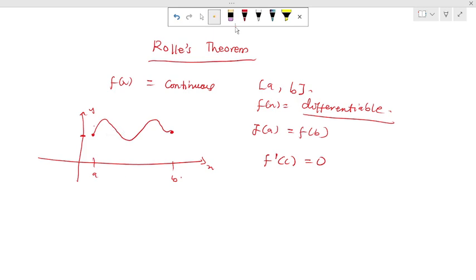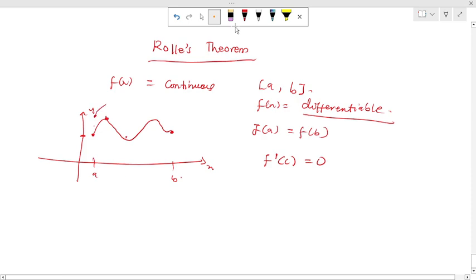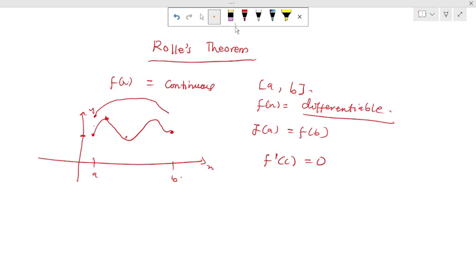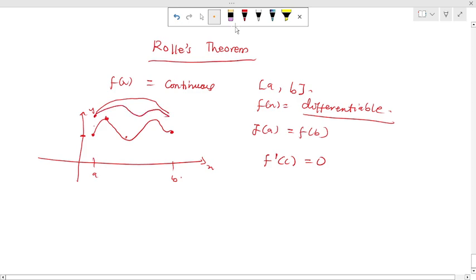So it can be something like this, or something like this. There should be at least one critical point. It can be two, it can be three, but Rolle's theorem is saying that there should be at least a number c so that f prime of c gives us 0. And you know this is the condition for a critical point.